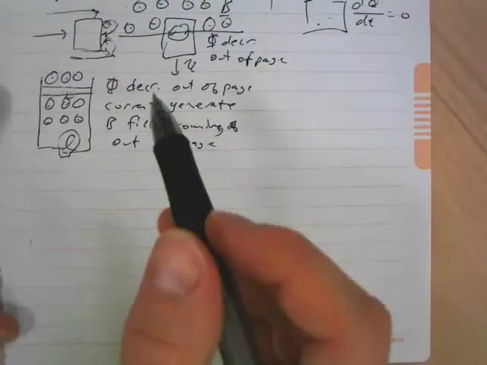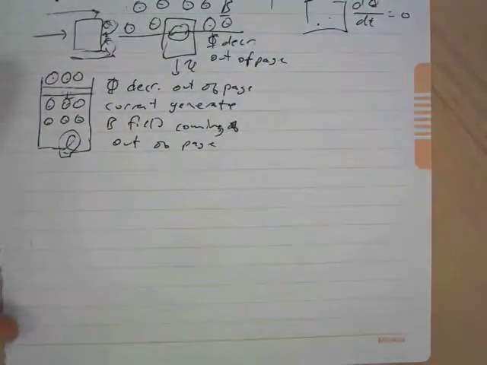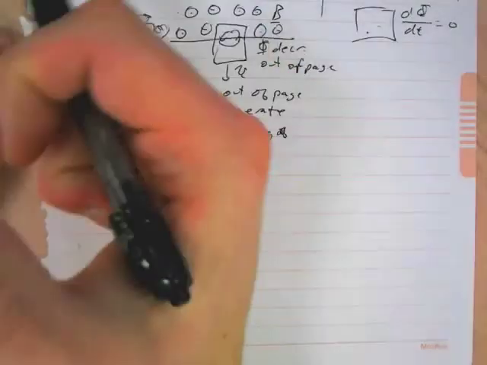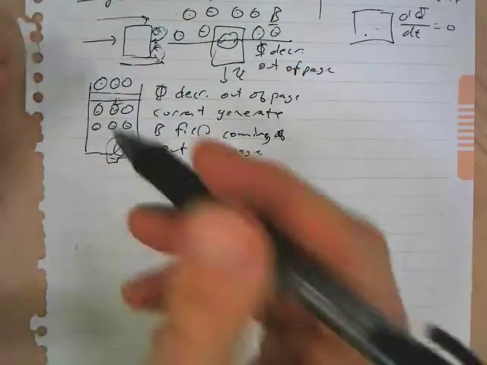It will generate a B field coming out of the page, which means that the current will flow around this way in the counterclockwise direction.